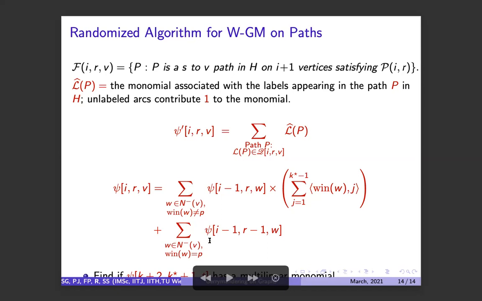And so the polynomial remains the same as it was, but the R increases by 1, obviously, and I increases by 1.